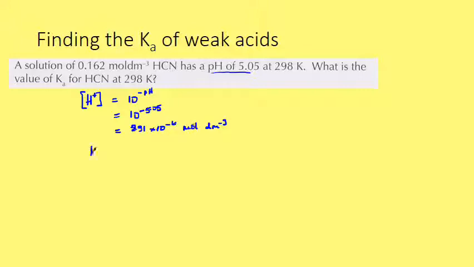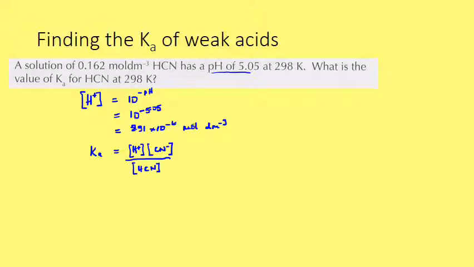So let's write our expression for Ka down. If you remember, we're going to have the hydrogen ion concentration as the first product. And in this case, the conjugate base is going to be CN minus as the second product. And the acid concentration is going to be on the denominator.